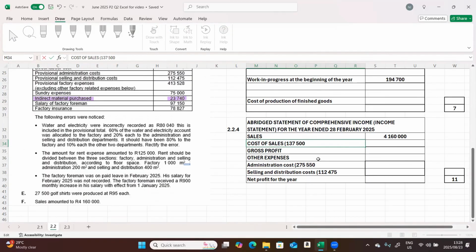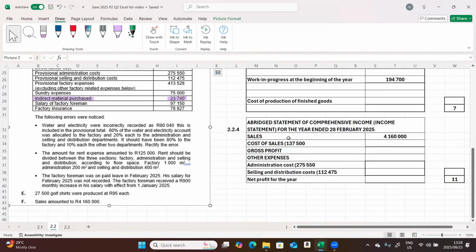Guys, and then just like with indirect materials, we have to add something over here, which is the cost for the year, right? We don't have that yet. We are going to add something to this 137,500 opening stock balance for my finished goods.